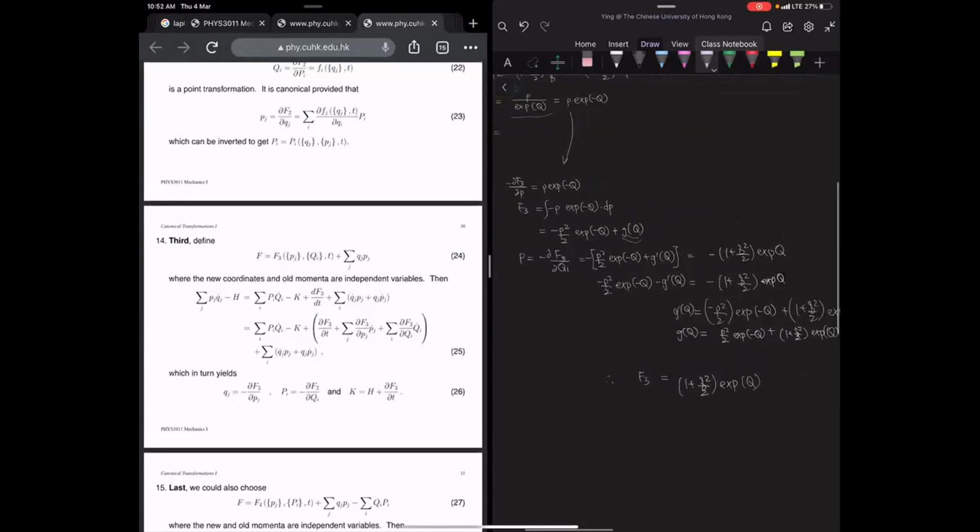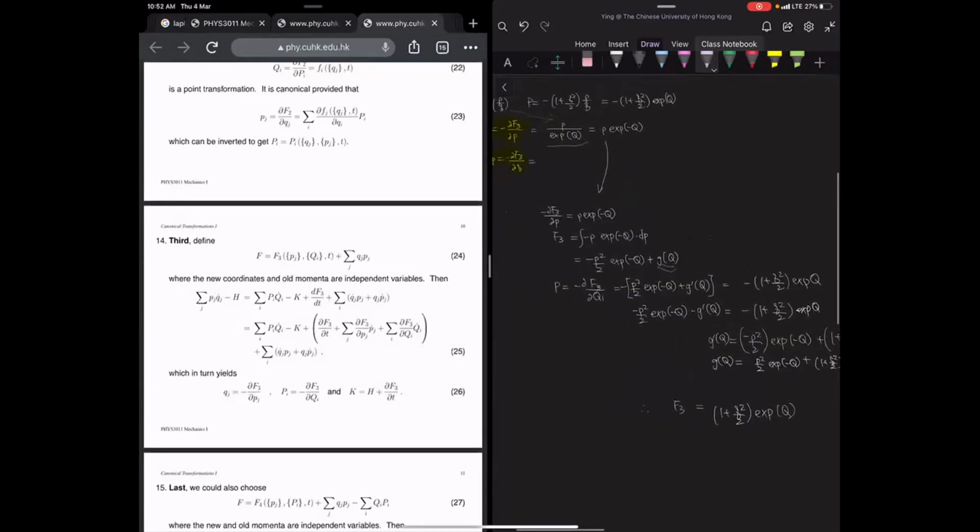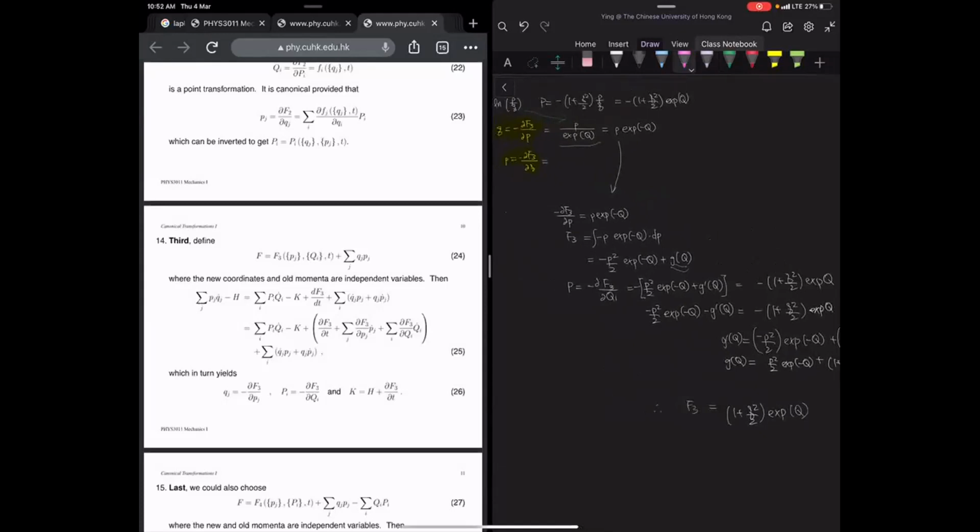So now we just partially differentiate the equation with respect to q, and then we can obtain the expression where we make use of this equation here. You can see that this expression of large P is actually this one.